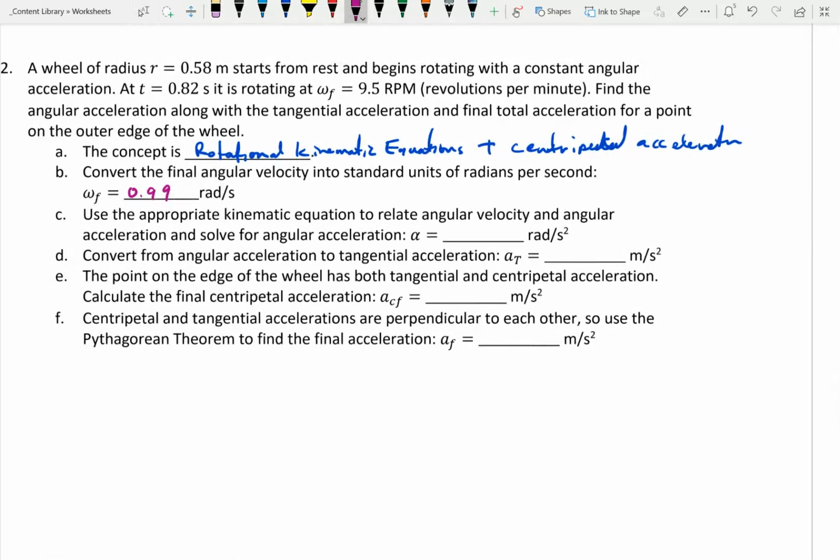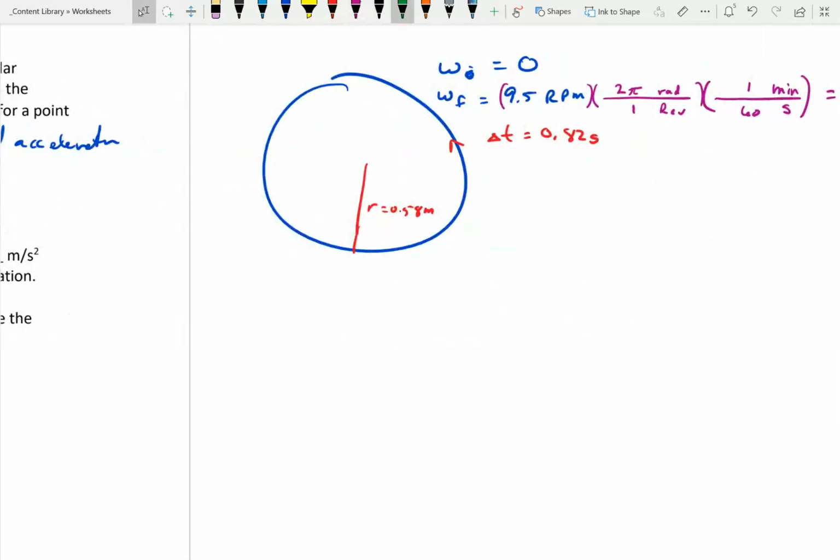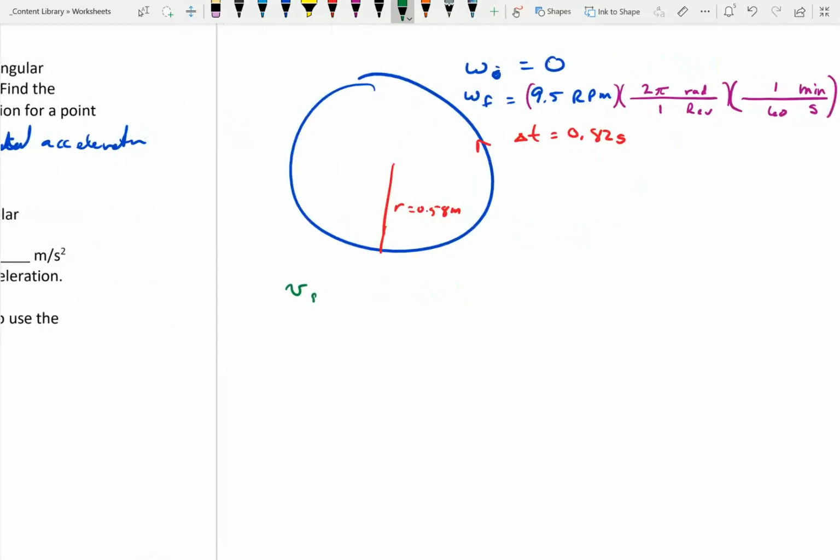Use the appropriate kinematic equation to relate angular velocity and angular acceleration and solve for angular acceleration. So we learned before from linear that what we have is speed, time, and we're looking for acceleration. We don't care about position, so we use the equation without position, which was v final equals v initial plus acceleration multiplied by time.